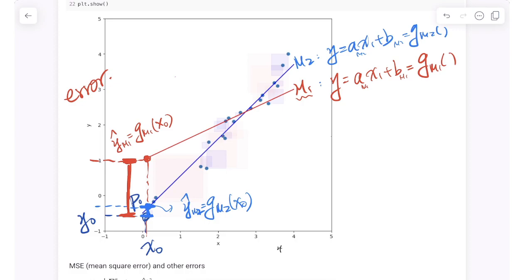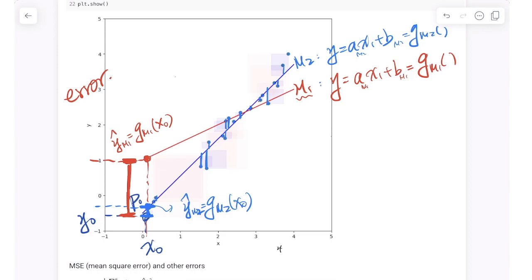We can see that the heights are different. So for all 20 data points we can calculate the error. The blue one I draw here is the error between the real y and y hat in M2.